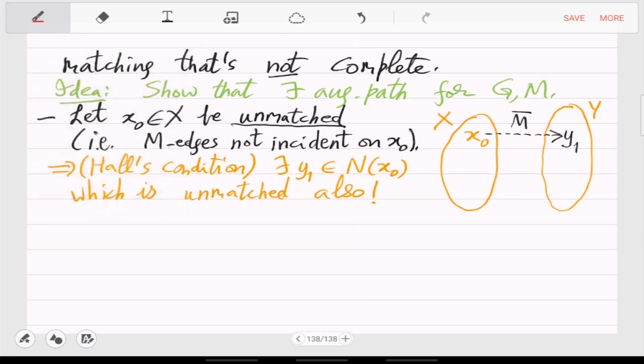So there is already an M edge, a bold edge, which is taking you to some x2. Right? Because if this M edge did not exist, then you could have just happily added the M complement edge inside M and gotten a bigger matching.